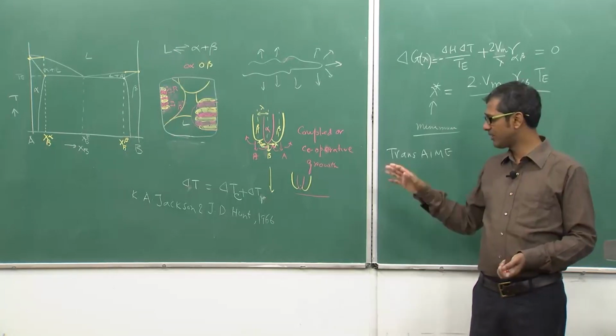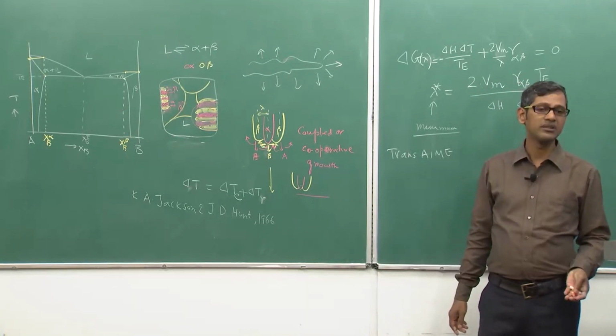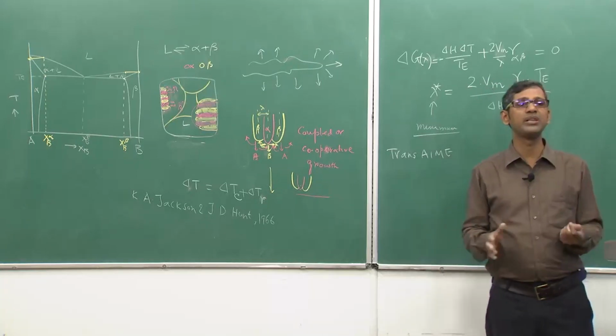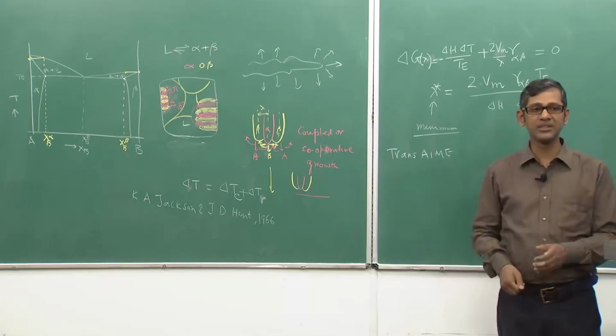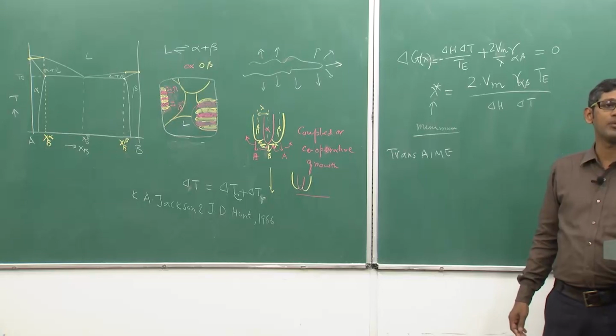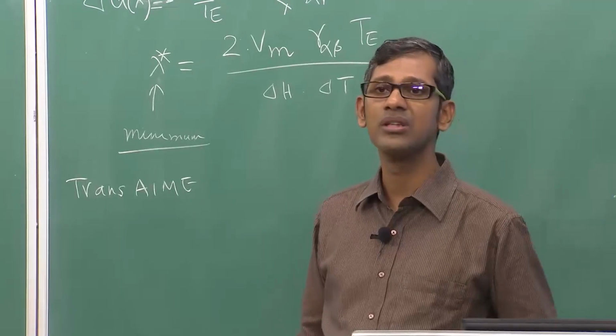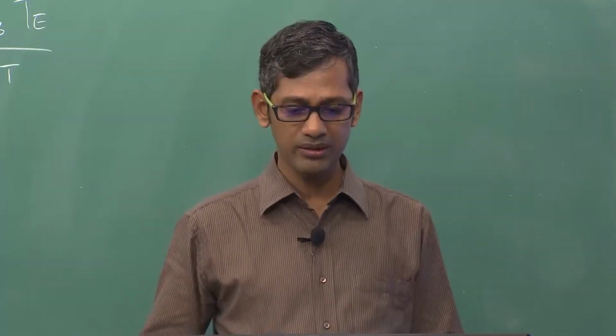In the next lecture we will start with that and describe, although it is not possible for me to describe the whole model, the basic features of the model, so that you understand how the lamellar eutectic actually grows into the liquid. So, we will stop today.